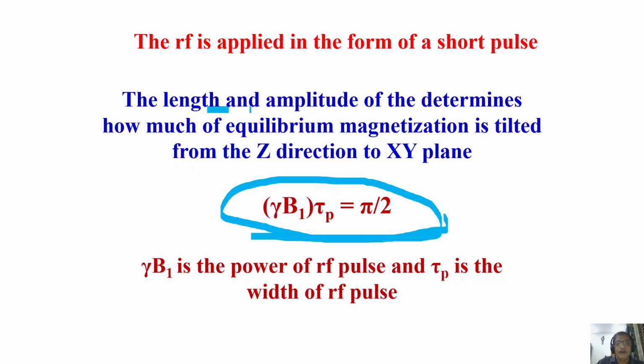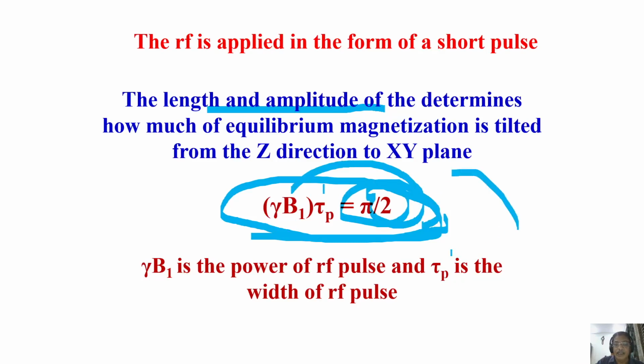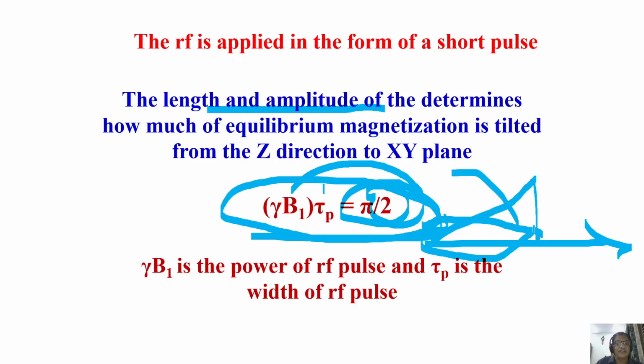The length and amplitude of the RF pulse, that is power and width, define how much of the equilibrium magnetization is tilted from the Z axis to the XY plane, whether it is tilted completely or not. If it is tilted completely, the entire magnetization is along this axis. If it is tilted 45 degrees, you have to resolve into components, and then only this much magnetization is tilted.